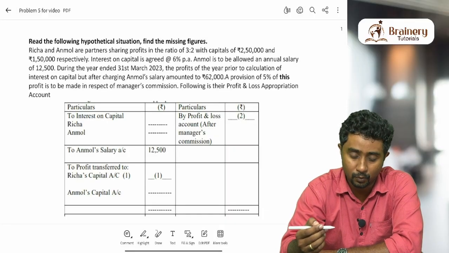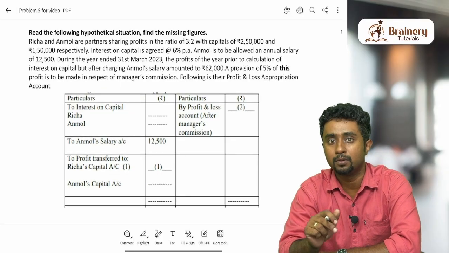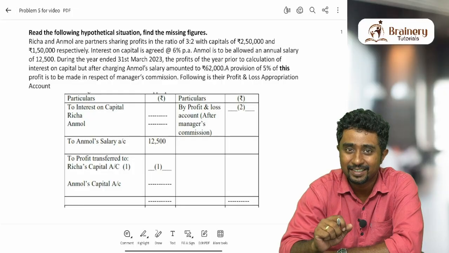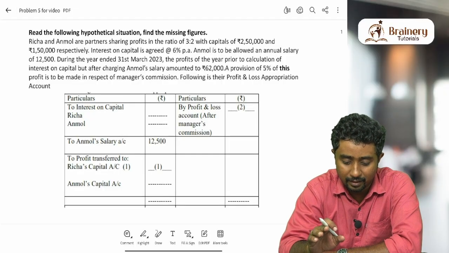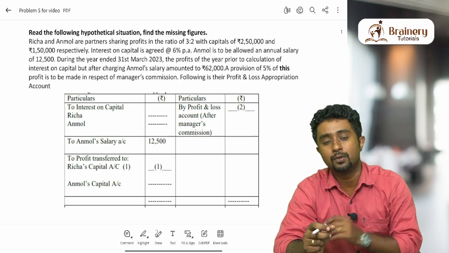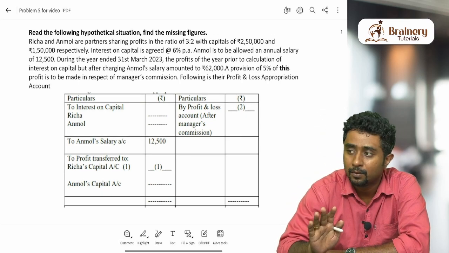That is how the question was. I just changed the question to find the missing figures. Anyway, we have to know how to find the missing figures. I'll repeat: we need to know how to find the missing figures.